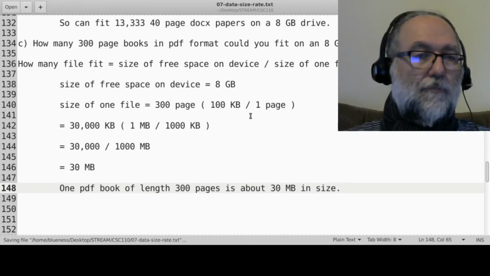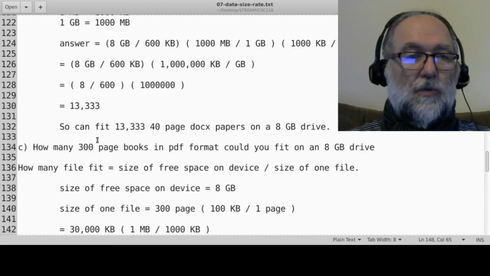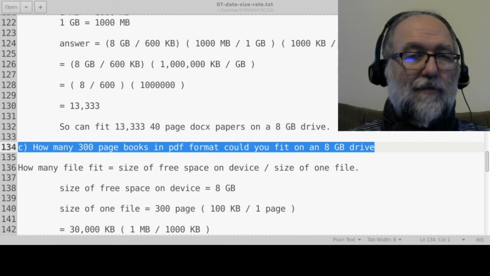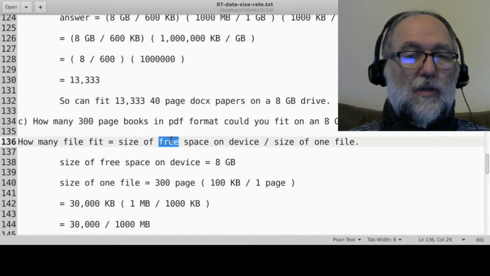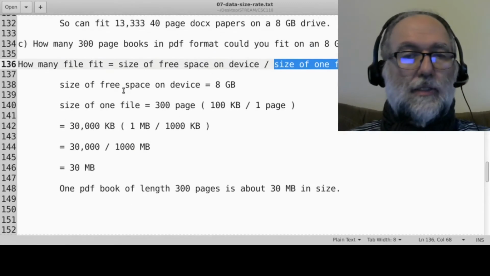All right, so let's move on now. We haven't quite answered the question, because the original question was how many of these books could you fit on an 8 gigabyte drive, and we started with this fraction, and we have the top part, but now we also have the bottom part, the denominator.